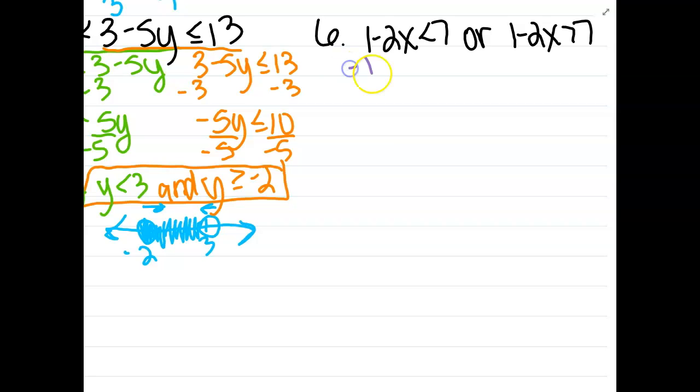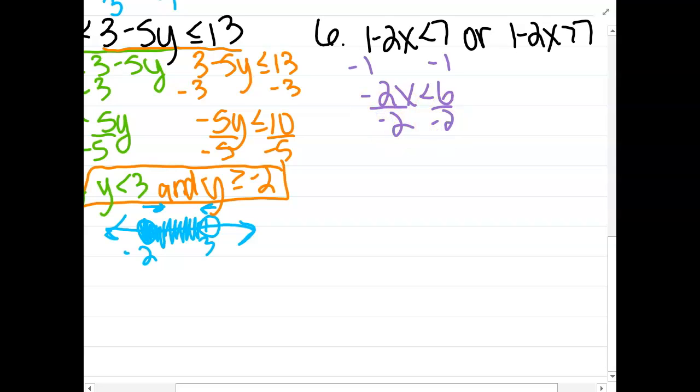To get rid of the 1, we'd have to subtract 1. I still have a negative 2x. It's going to be less than 6. To get rid of the negative 2, I divide by a negative 2. Flip the sign, so x is greater than negative 3.